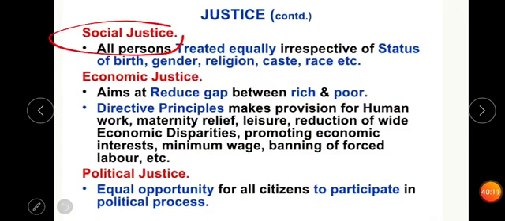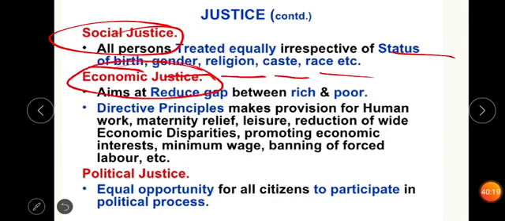Now we have already talked about social justice, that is status of birth, gender, religion, caste, race. About economic justice, it aims to reduce the gap between the rich and poor, meaning our constitution is also securing against the gap between the rich and poor.